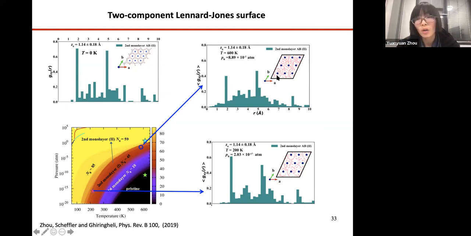More and more B particles diffuse around the surface atoms, and the radial distribution only has a few peaks that share similarity with that of the isomers, and it becomes much more smeared. We can also say that with the increase of temperature, the phase becomes more and more disordered. With this, I will give a short summary for these applications.